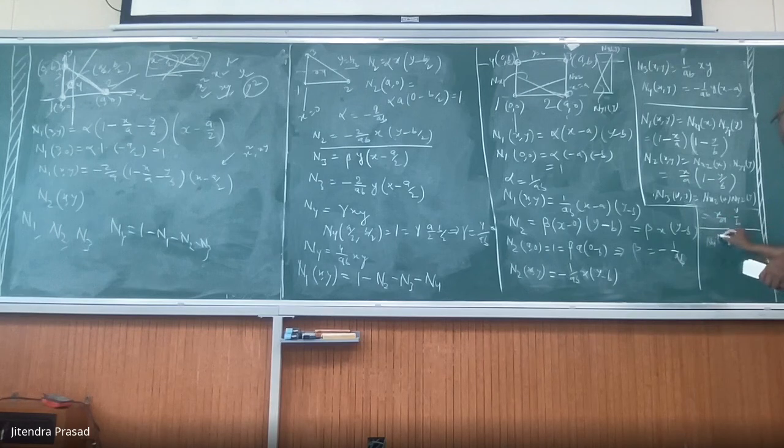And n4(x,y) is equal to nx1(x) multiplied by ny2(y), equal to 1 minus x over a multiplied by y over b. Right? Get it?